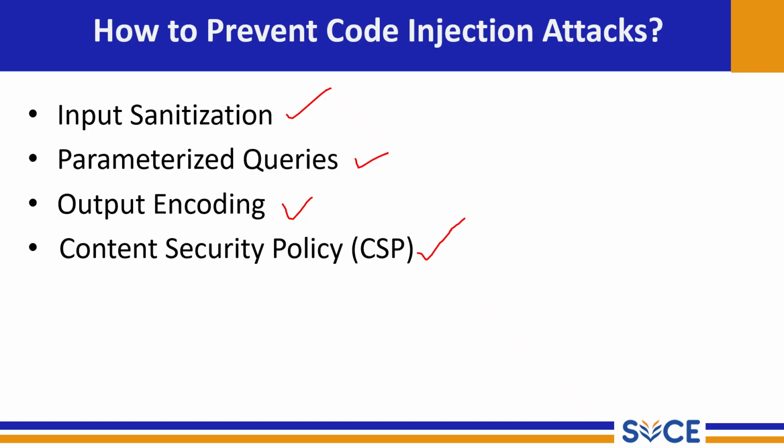CSP is most effectively used in conjunction with good input sanitization and output encoding. All these policy details should be regularly updated to include new dependencies or changes in the application structure so that they remain effective.